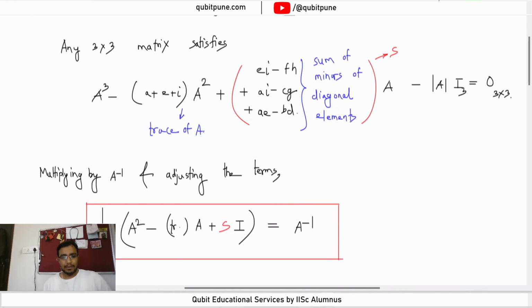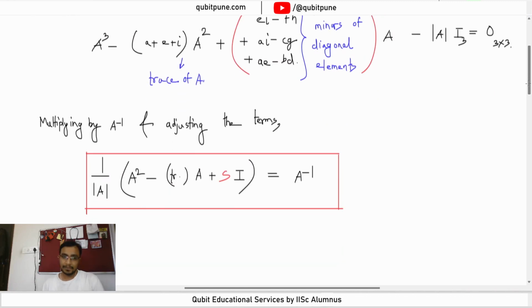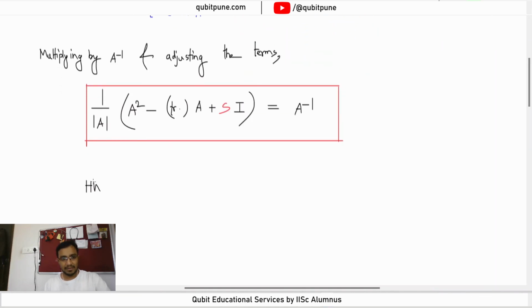Have you understood the simplification steps here? Now I'm going to give you homework. The homework is: take any 3 by 3 matrix of your choice with each element different.